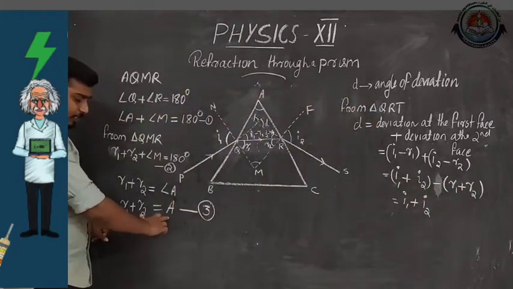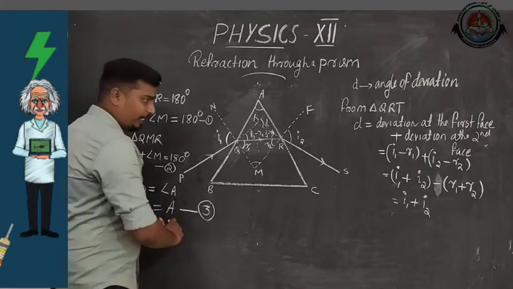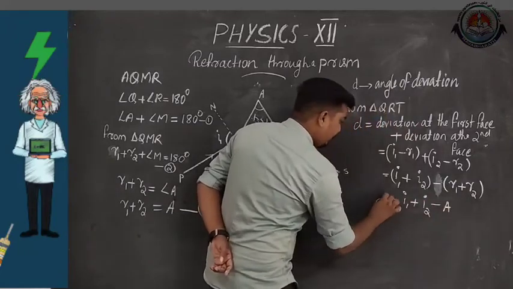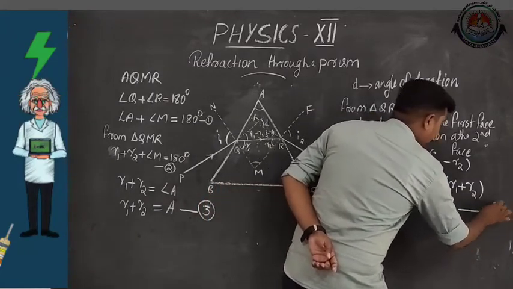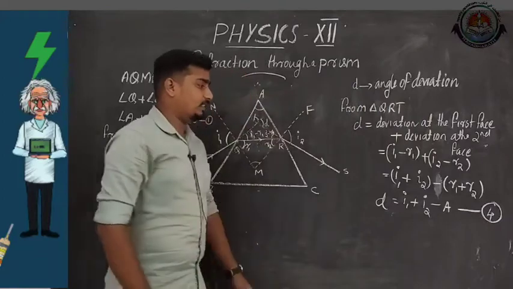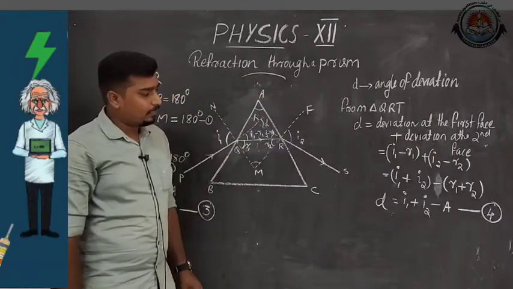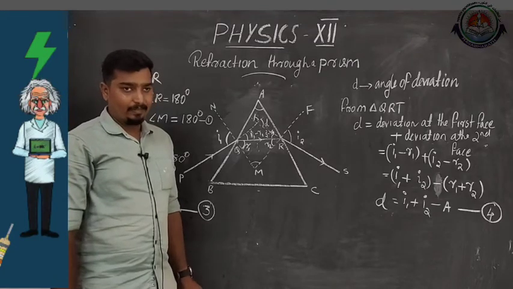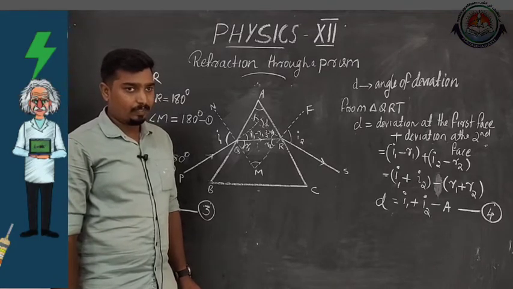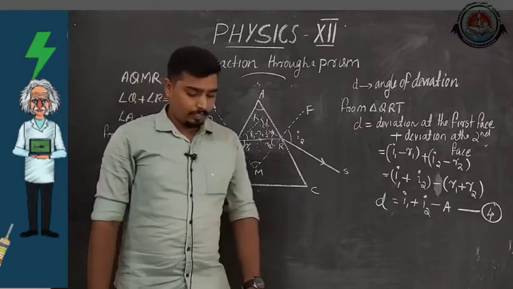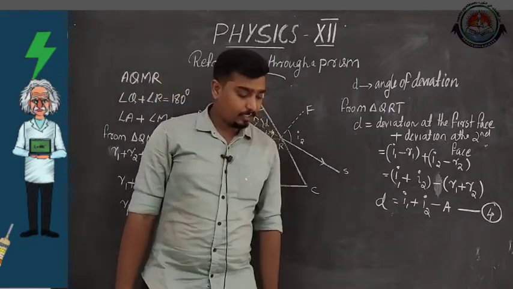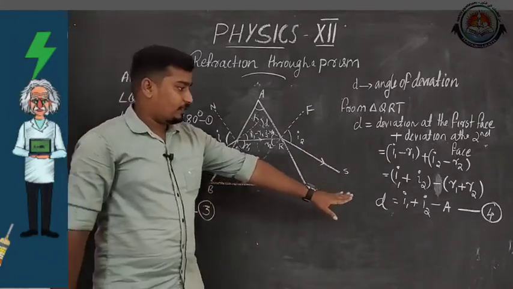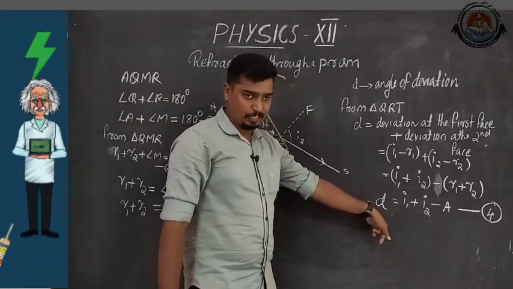R1 plus R2 equals A, so that is minus A. That is, D equals I1 plus I2 minus A. Clear? D equals I1 plus I2 minus A. This is the equation for angle of deviation.